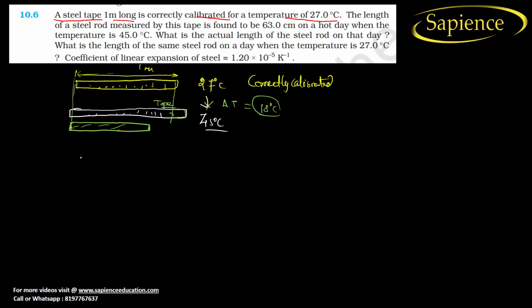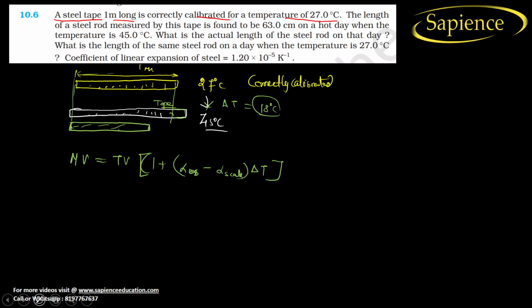Okay, so we should use this concept that measured value is equal to true value into 1 plus alpha of the object minus alpha of the scale into delta T. So this is the main thing.